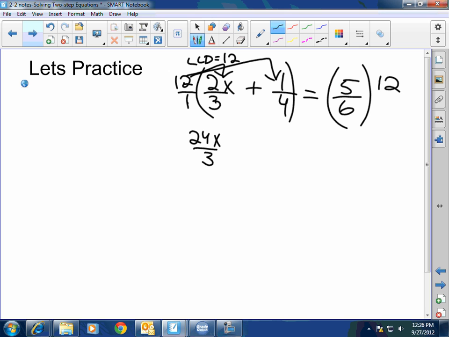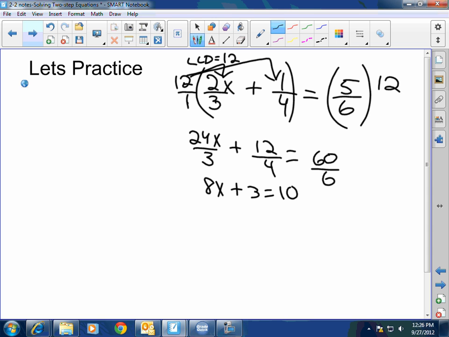Distribute. 12 times 1 is 12, over 4, and that equals 5 times 12 over 6. 24x divided by 3 is 8x. 12 divided by 4 is 3. 60 divided by 6 is 10. Now what do we do?